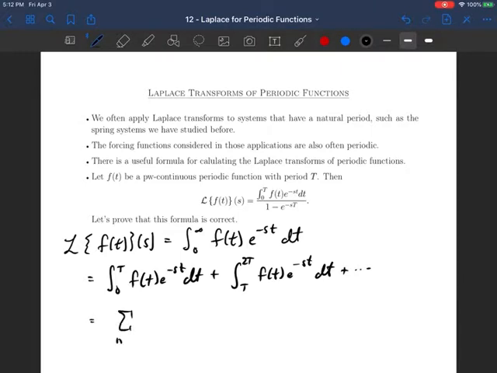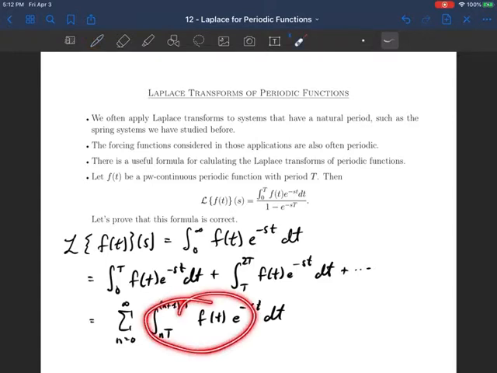And that will keep going forever, basically. And so we could rewrite this as a summation. It is the sum from n equals 0 to infinity of the integral from n capital T to n plus 1 capital T of f of t e to the minus st dt.